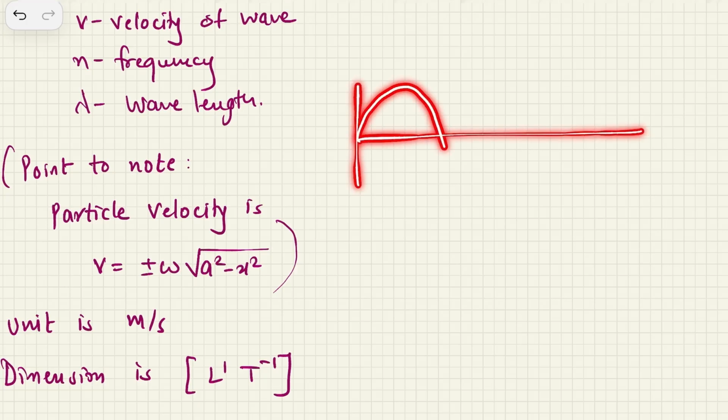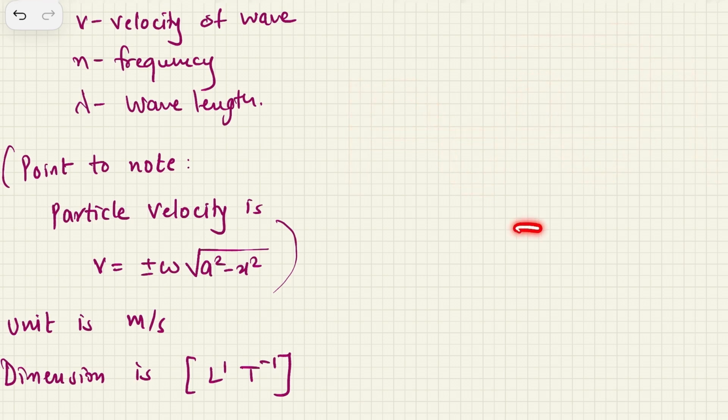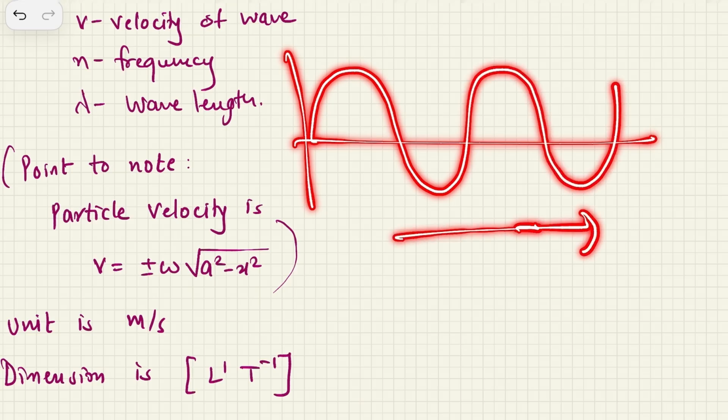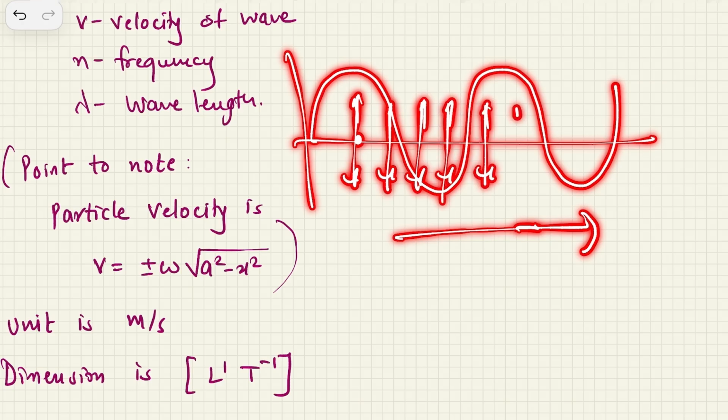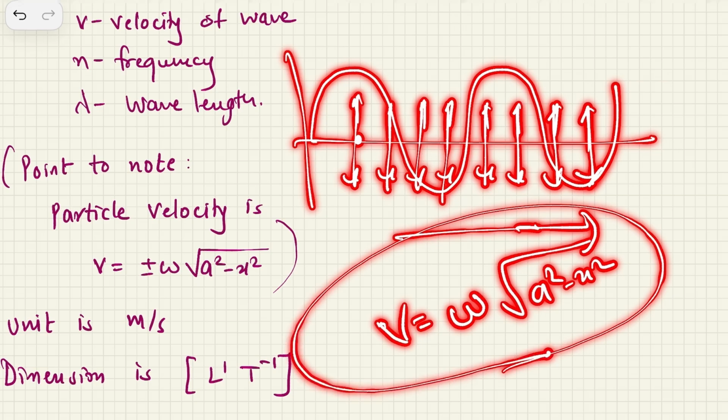Because when the wave is going ahead, the particle is basically oscillating up and down. It is not moving ahead, it is just oscillating. That means the particle oscillates, and when a particle oscillates, the velocity is equal to omega root of a square minus x square. This is the velocity of an oscillating body.